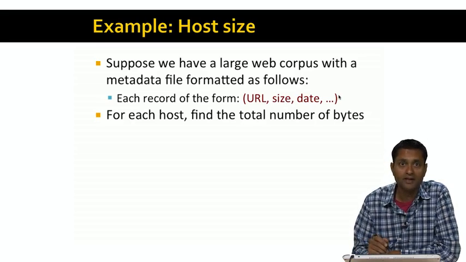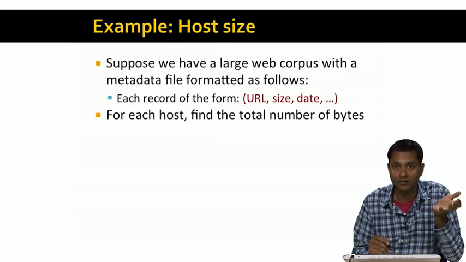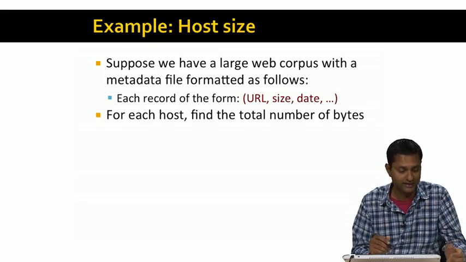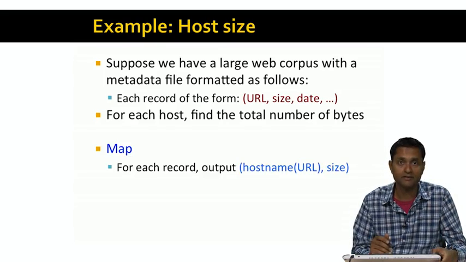Now the problem is for each host, we want to find the total number of bytes. Not for each URL, but for each host. Remember, there could be many URLs with the same host name in the crawl, and we want to find the number of bytes associated with each host, not with each URL. Clearly, the number of bytes associated with the host is just the sum of the number of bytes associated with all the URLs for the host, and this is very easy to implement in MapReduce.